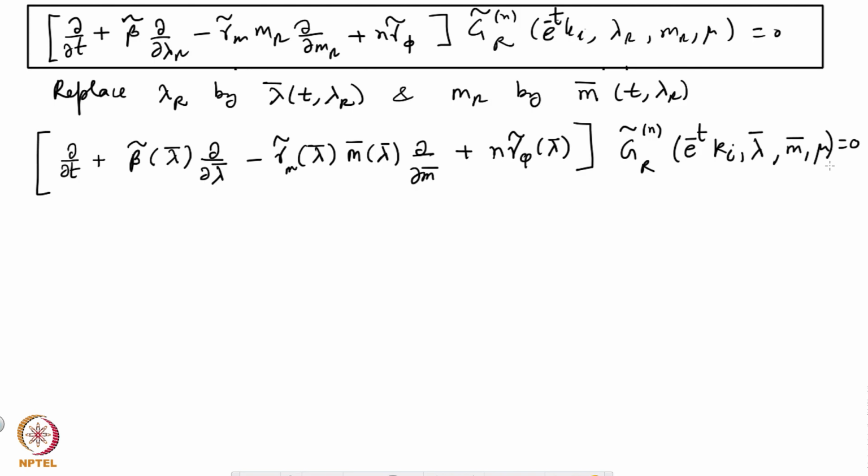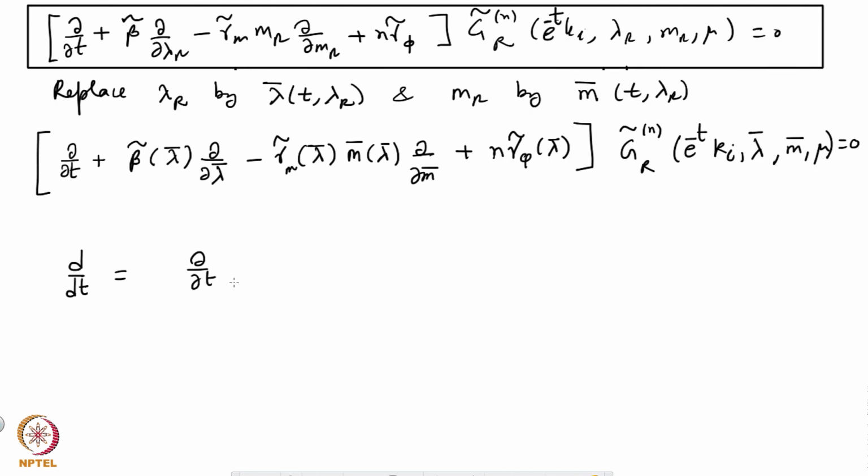So let's see how we can write this. If you look at the total derivative of t, d over dt, what is this?